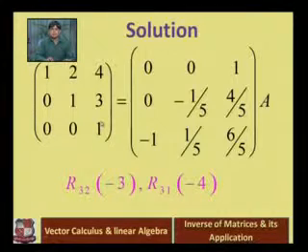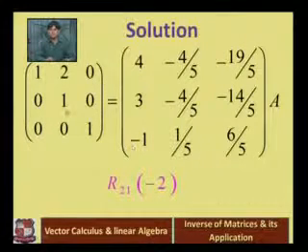Now we want the identity matrix here. For that, we want to change these entries 4 and 3 into 0. First we do the operation R2 - 3R3, that means multiply the third row by -3 and add it to the second row, and simultaneously we do R1 - 4R3, that means multiply the third row by -4 and add it to the first row.